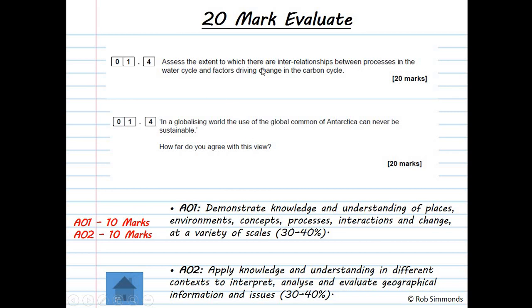Assess the extent to which there are interrelationships between processes in the water cycle and factors driving change in the carbon cycle. So again, set technique. Please watch a talk through for this type of question to build confidence in answering them.